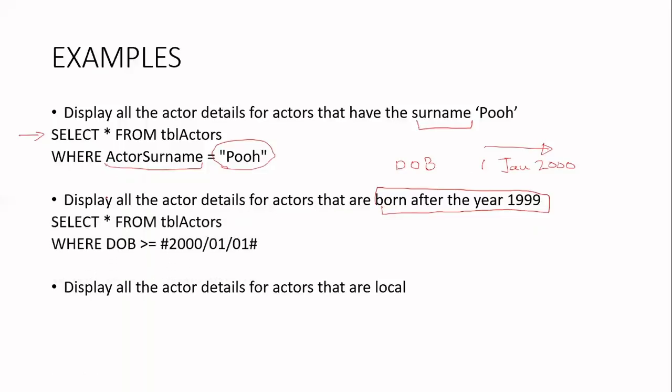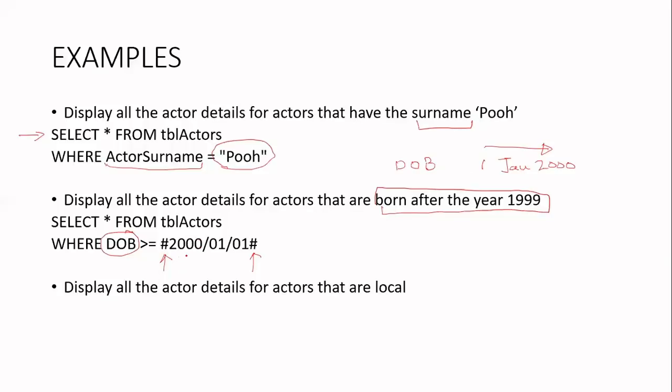So our SQL statement, select star from TBL actors, where we're querying the date of birth, that's my field, is greater than or equal to, remember, I indicated when you are working with dates, you enclose it with a hash at the beginning and the end.